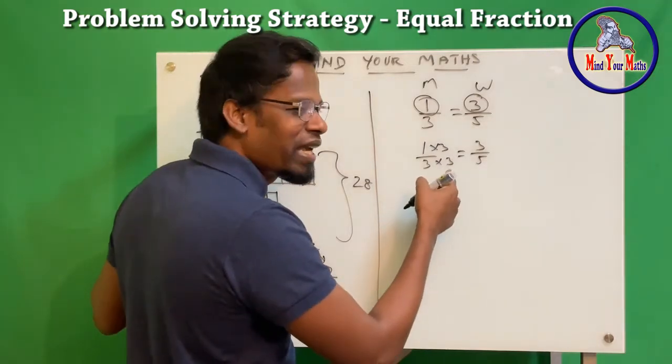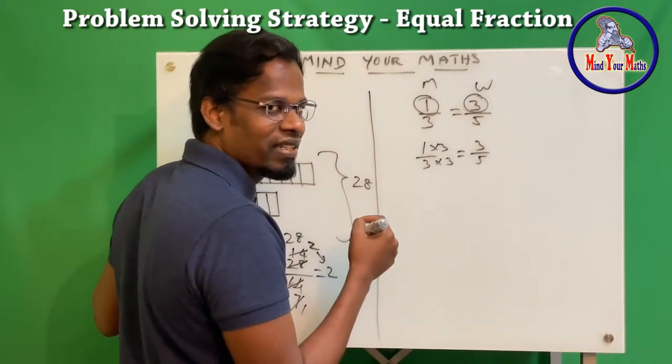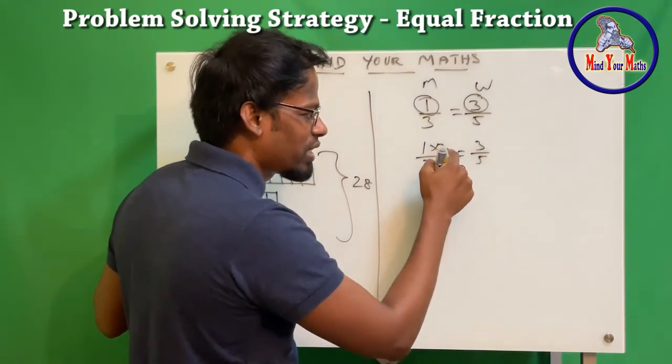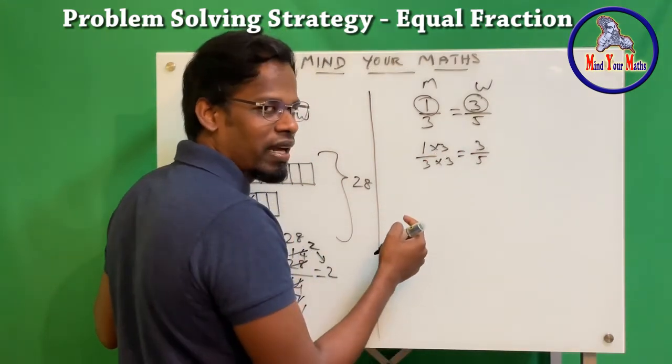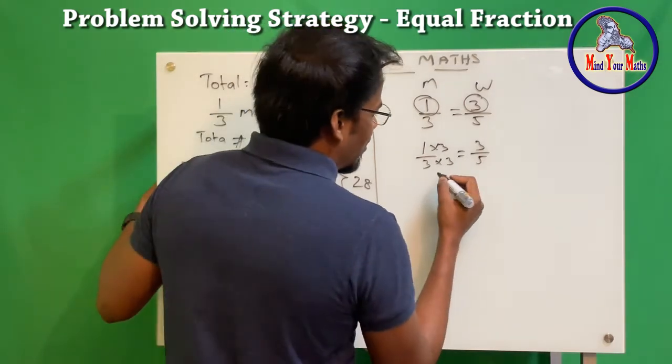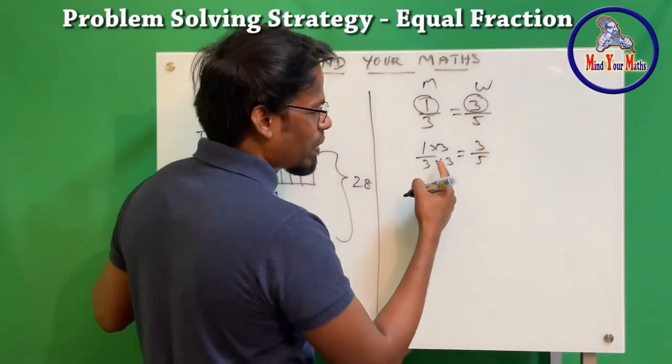You're actually multiplying using the 1. Just that because we need to match here, we are using the same number at the numerator and the denominator. Surprising, right?